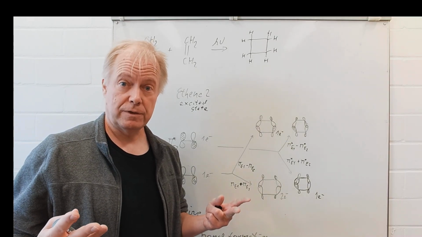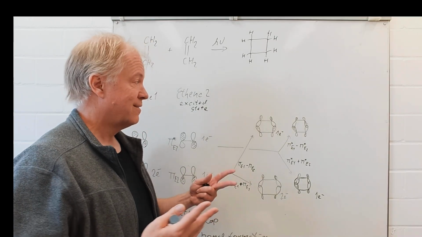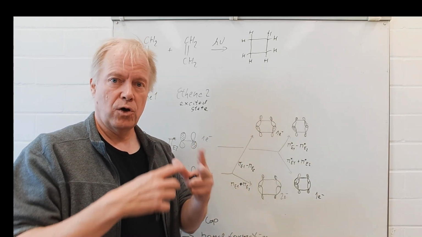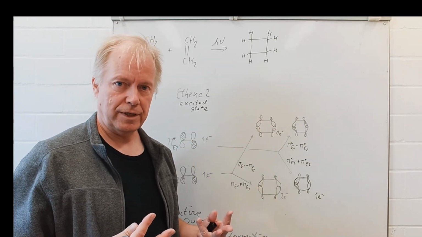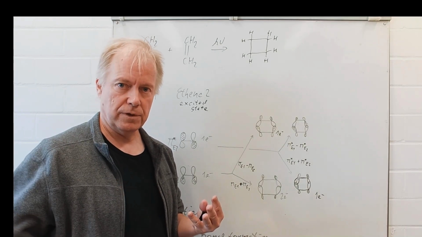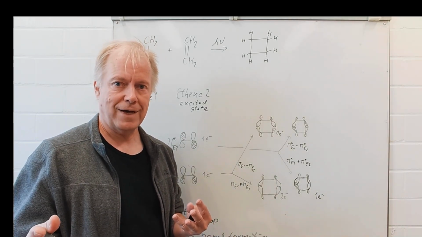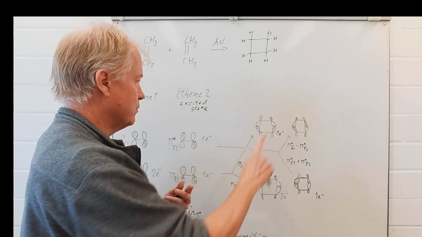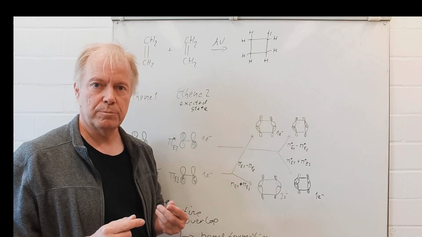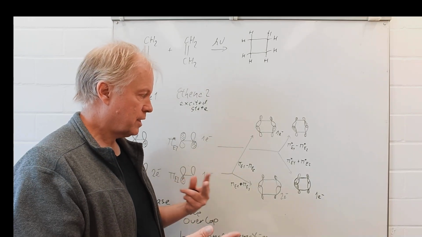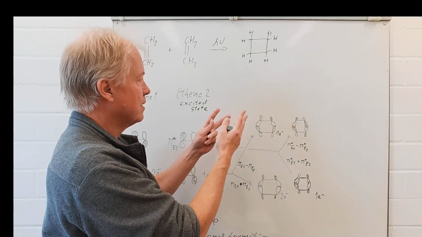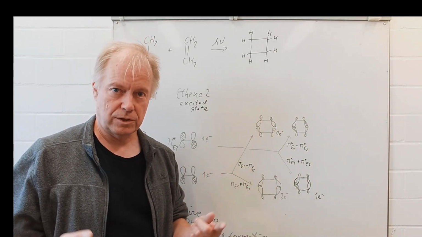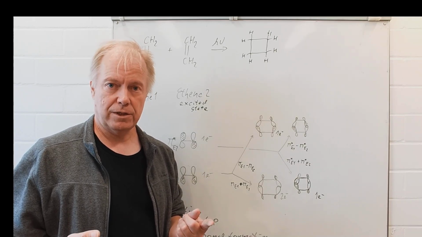But this will set free energy. That means the molecule is in some kind of hot state and has to get rid of that energy. Otherwise, the retroreaction could take place. So, how can this excited cyclobutane molecule get rid of that energy?